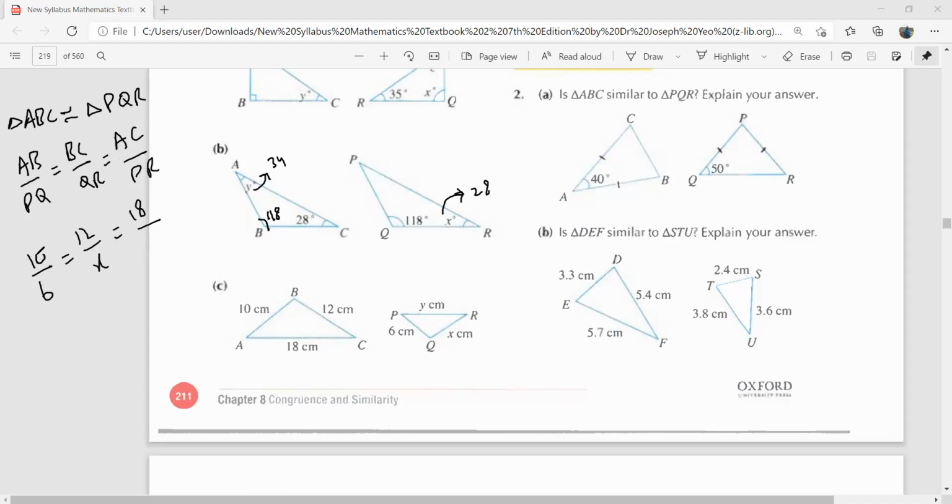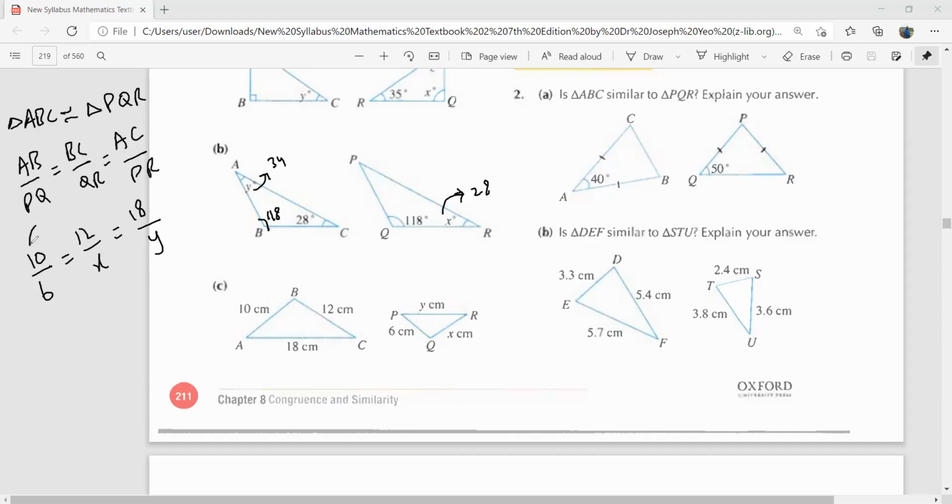AB was 10 here. AB is 10, PQ is 6, and then we had BC, that is 12, and its corresponding is QR, which is X, and then you have AC 18, and its corresponding is PR, which is going to be Y over here.